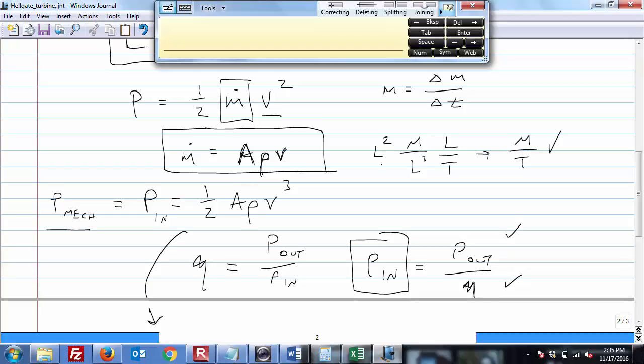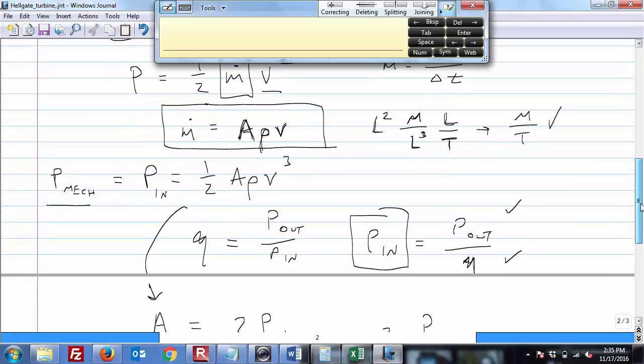And we confirm that area is length squared, density is mass per length cubed, velocity is length per time, and that gives us finally mass per time, because we've got length squared times length in the numerator divided by length cubed in the denominator. Those disappear, we're just left with mass per time. Okay, for our mass flow rate.